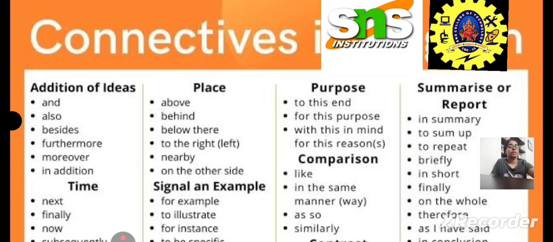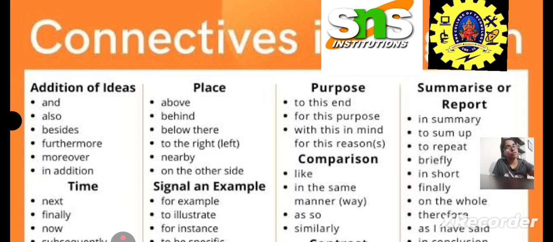Then I've mentioned place, purpose, comparison, summarize, or report. Before going to that, I would also like to highlight the connectives we use in general. The next is contrast, to show a difference.